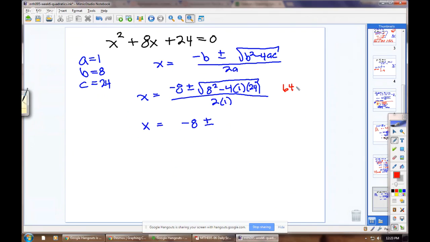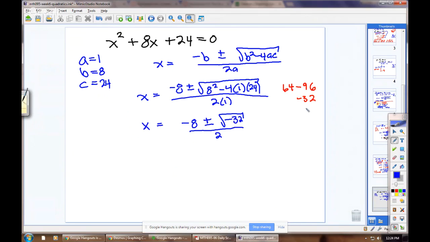And then that stays negative. 4 times 24, it's 48 times 2 again is 96, I believe. And then subtracting here, 96 minus 64 is going to give us what? Negative 32. Yep. So that gives me the square root of negative 32 over 2, and then start cleaning that up.